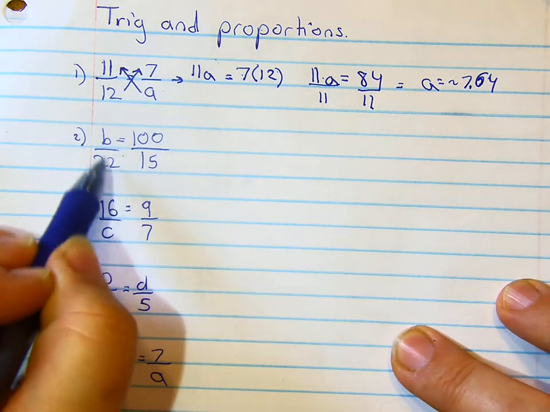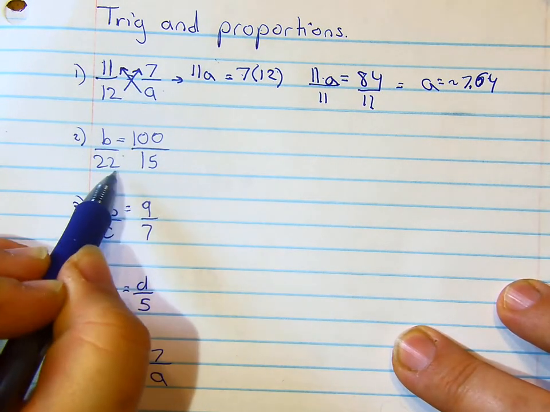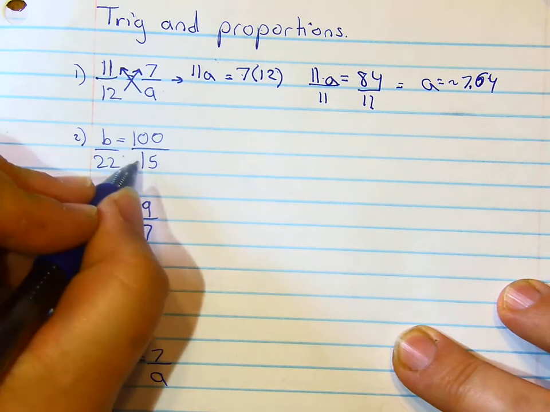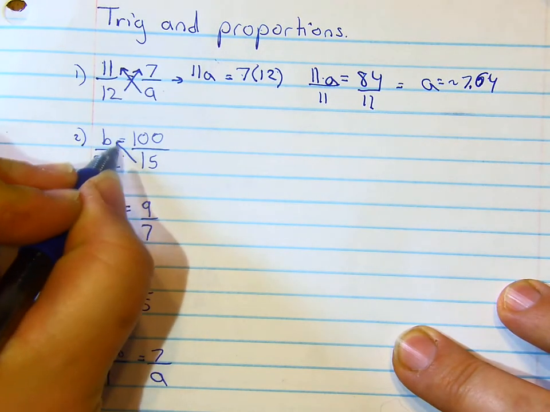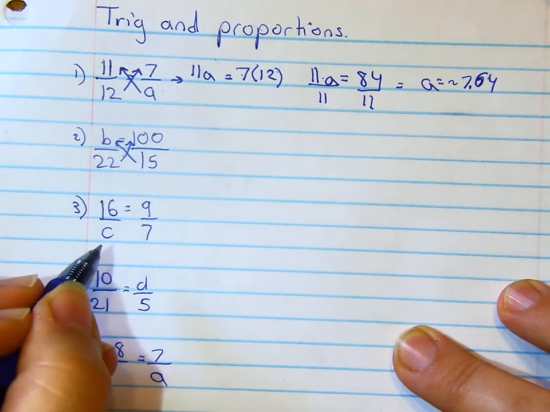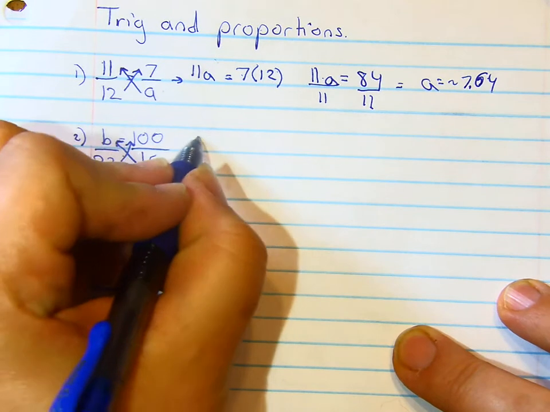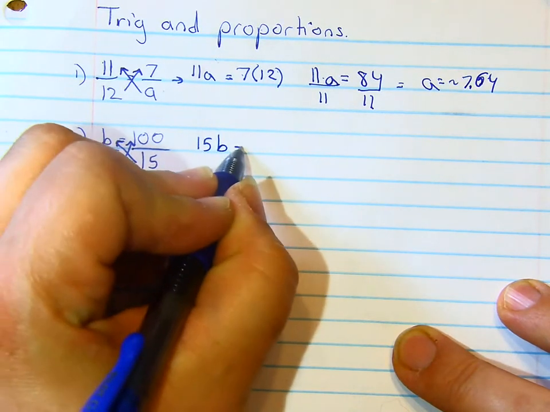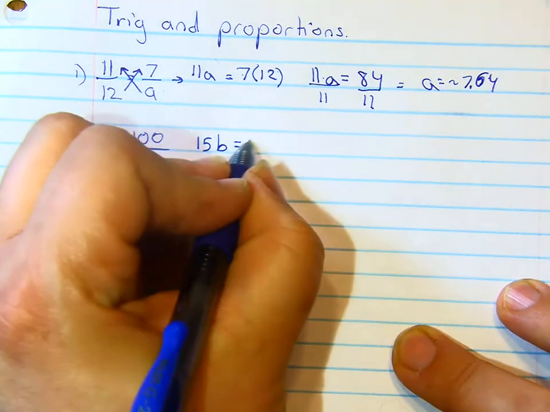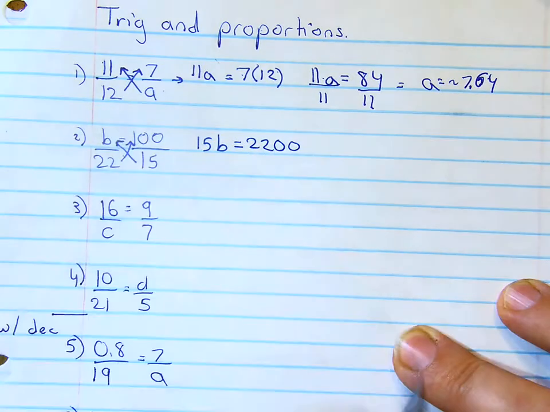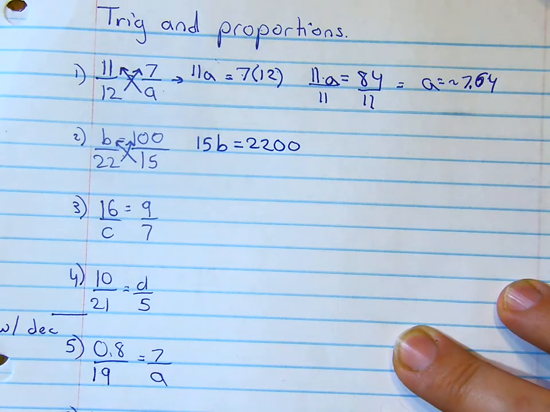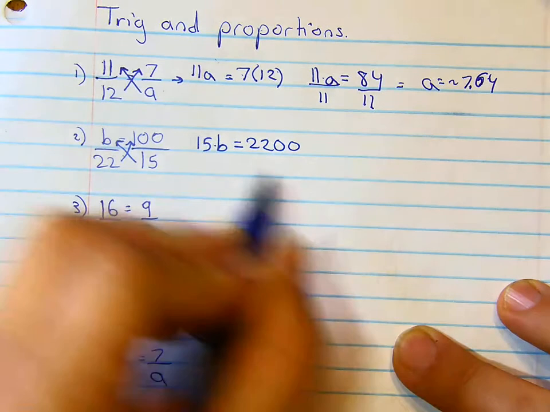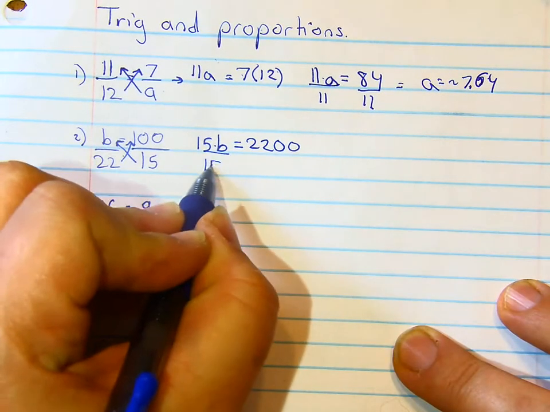If you notice down here, b is not in the denominator. But regardless, I'm still going to do cross multiplication. So I get 15b equals 22 and then 200, basically 2 zeros behind it. Next step, opposite of multiplying is dividing.